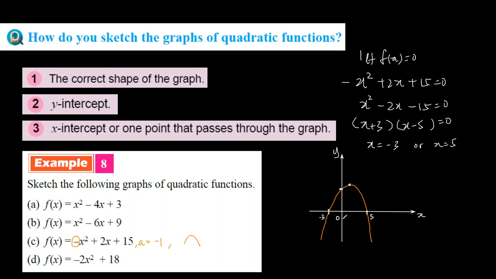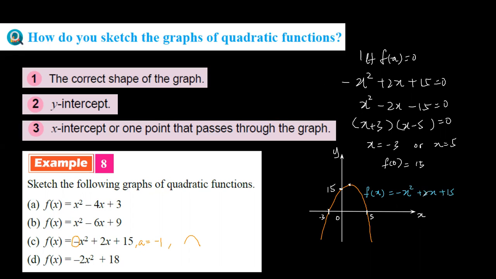Cannot be. So when x is 0, it's closer to negative 3. Therefore, the y-axis is closer to negative 3. After that, calculate the y-intercept. Let x be 0, then we have the y-intercept, which is 15. Okay, don't forget, label f(x) equals negative x squared plus 2x plus 15.